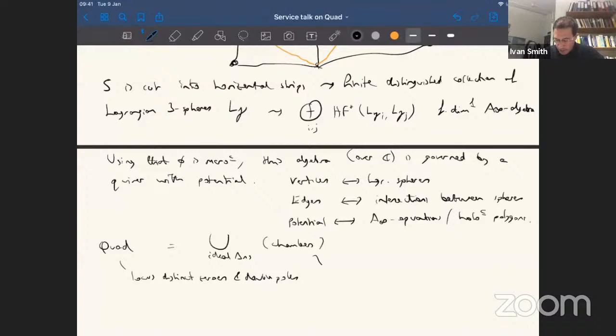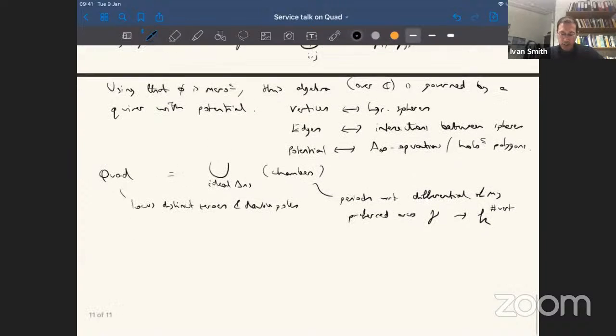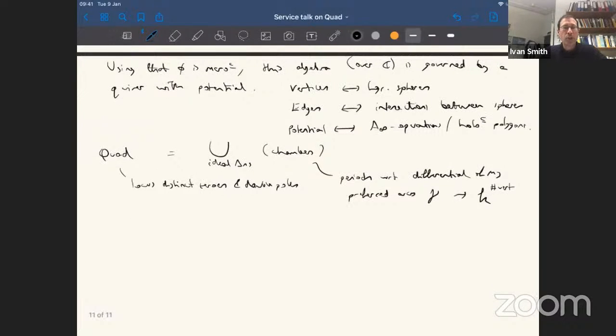And in such a chamber, I can take the periods with respect to the differential of my preferred arcs gamma. What that gives me is a map from such a chamber to some power of copies of the upper half plane. Then as I vary my quadratic differential, I can run through the walls that separate these chambers.